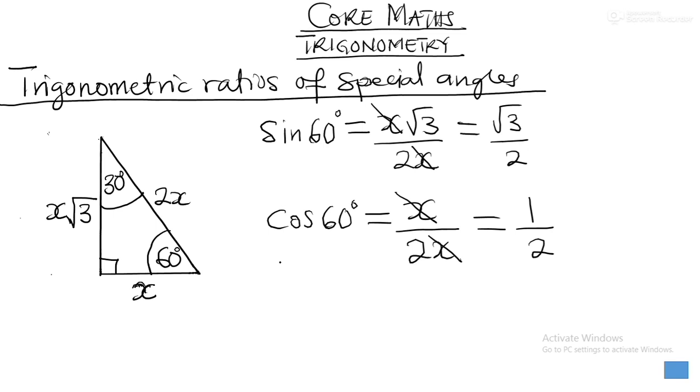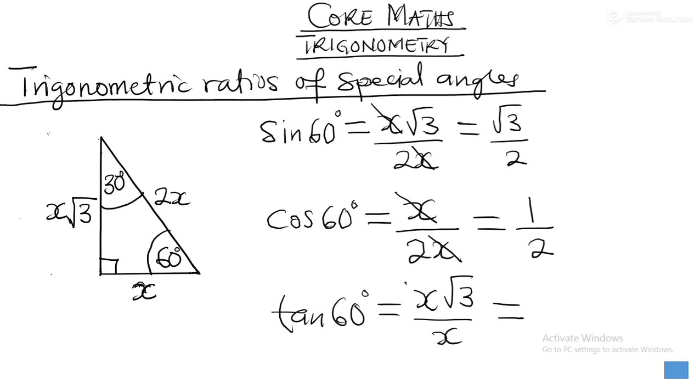Good. Then finally, tan 60 degrees. Tan is what? Opposite over adjacent. So opposite is x root 3, adjacent is x. So you write your x root 3 over x.